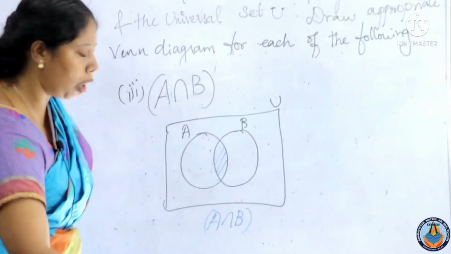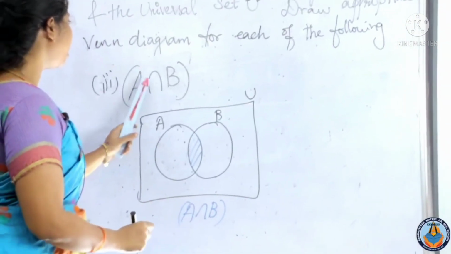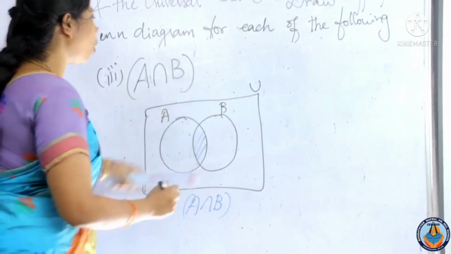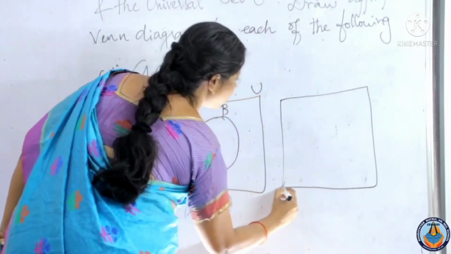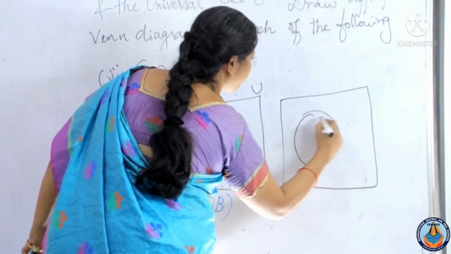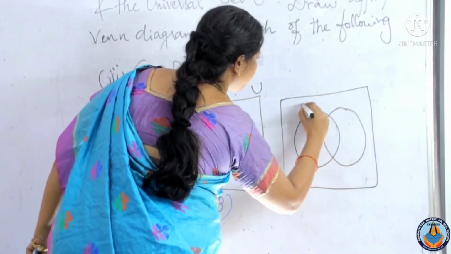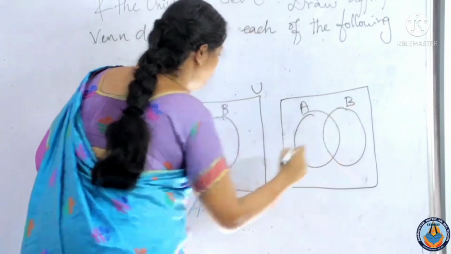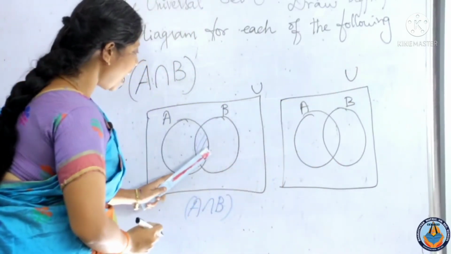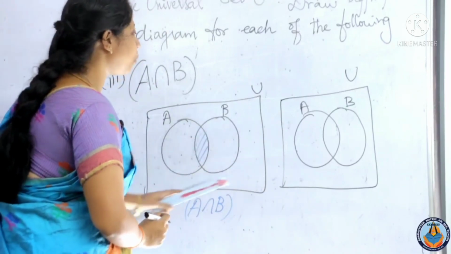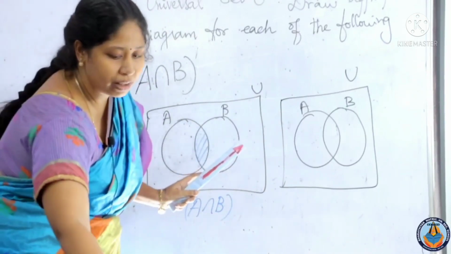Next you have to find (A intersection B) dash. Draw the similar diagram, but you have to neglect A intersection B, and the other portion is shaded.